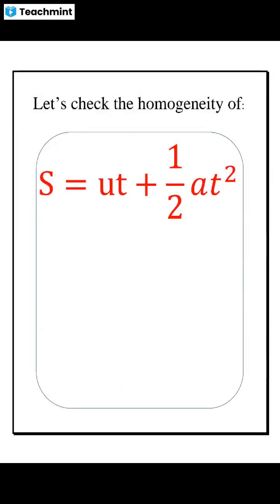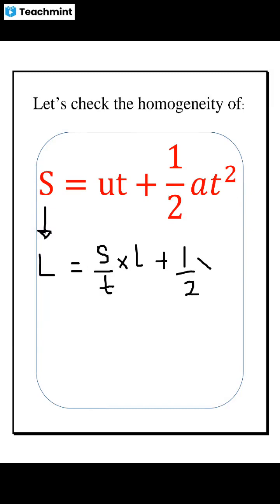So let's look at the homogeneity of this equation. Now, this is distance. Distance is length, denoted by capital L, that's the dimension. Velocity, don't forget, is distance over time, times time, plus half acceleration.